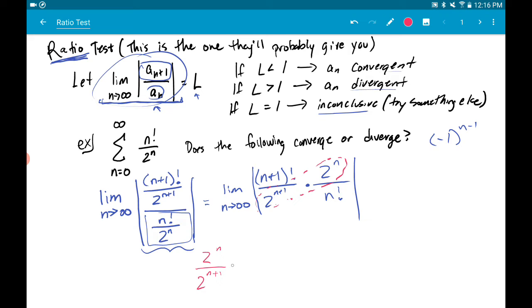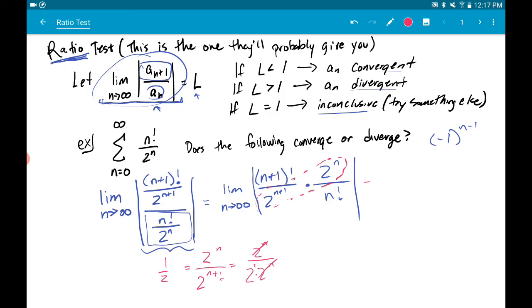And the idea is there's always going to be one more 2 on the bottom. I hope you don't have to write this every time, but you can think of this as 2 times 2 to the n. Remember those exponent rules? You can add the exponents. 1 plus n would be n plus 1. So if you simplify this, long story short, this thing right here simplifies to 1/2.